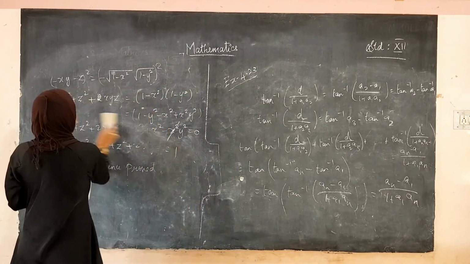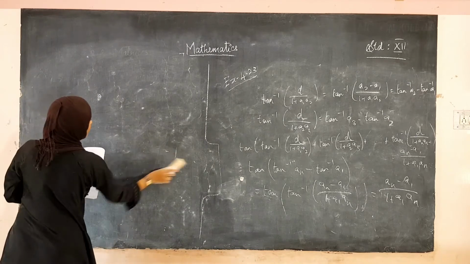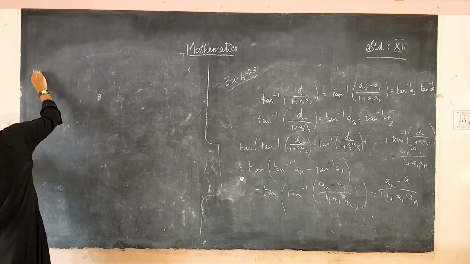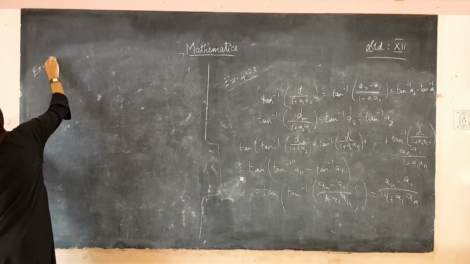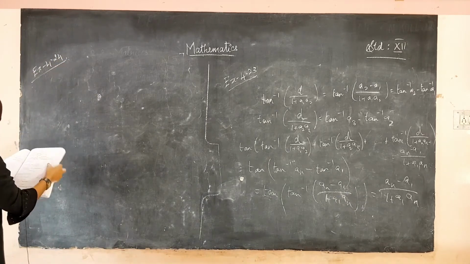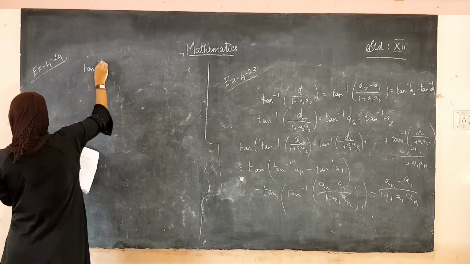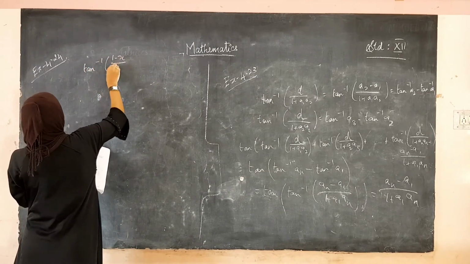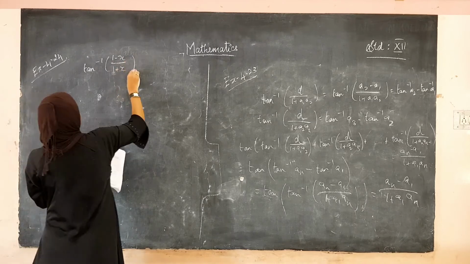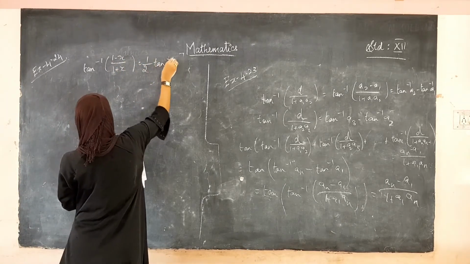Okay. Now, example 4.24. Solve for x: tan inverse of 1 minus x divided by 1 plus x is equal to 1 by 2 into tan inverse of x.